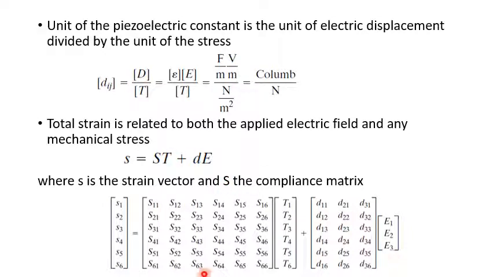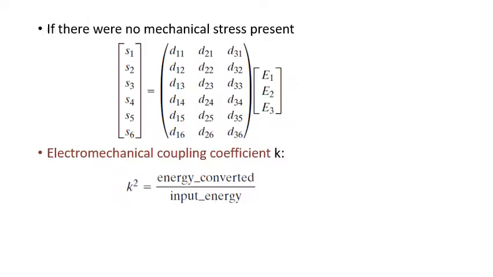So if there is no mechanical stress applied, then this term can be neglected and the strain is related to the electric field vector, as S = dE, where d represents the piezoelectric coefficients.